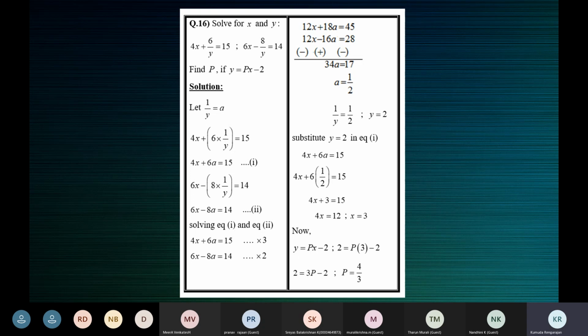For that, you're given an equation, y is equal to px minus 2. So there you substitute the values of x and y to find the value of p. p is 4/3. Take a screenshot.